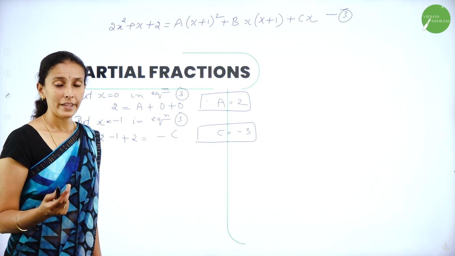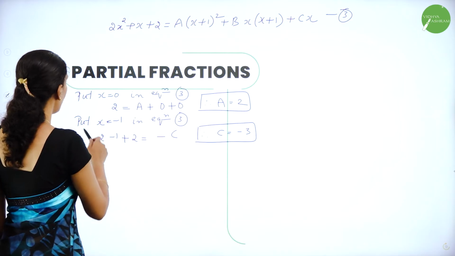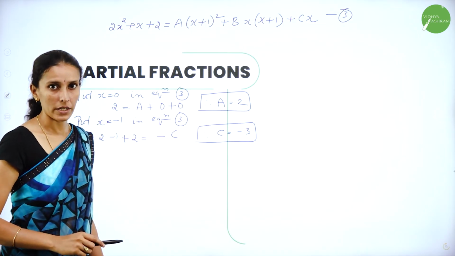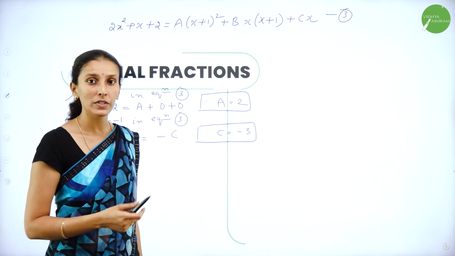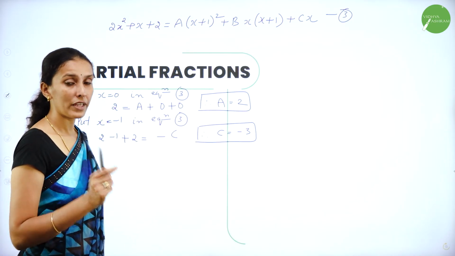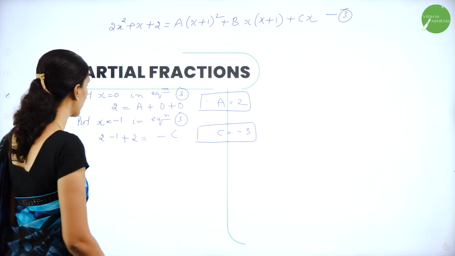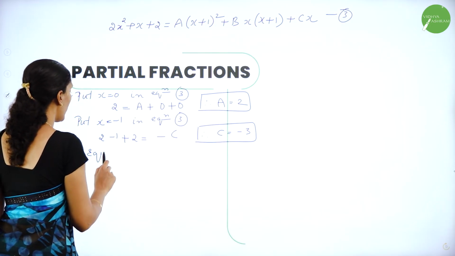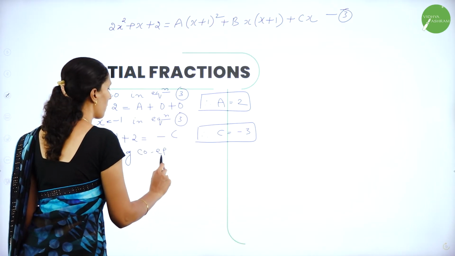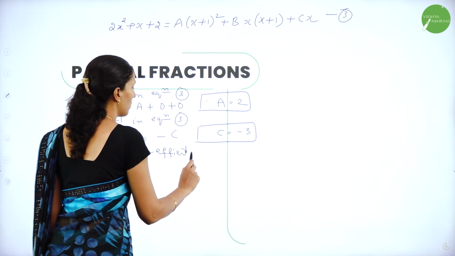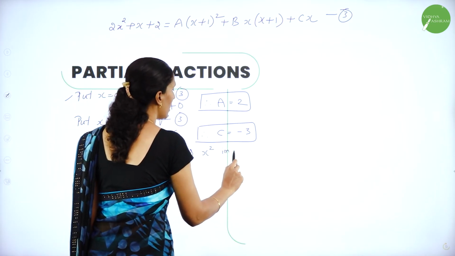Next, we can choose. We have already taken x is equal to 0, so I don't have any linear factor left to equate to 0. I'll use the concept of equating the coefficient of x square. So now, equating coefficients of x square in equation 3.